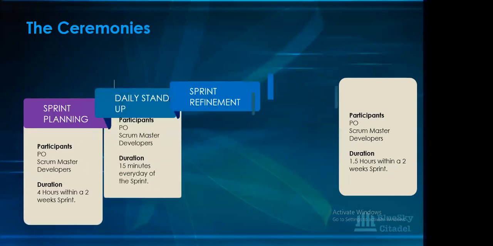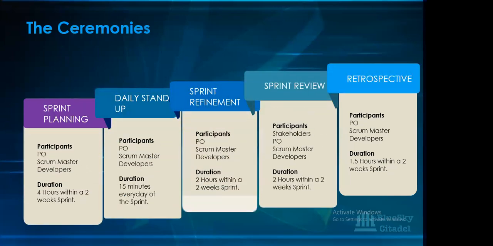We're now going into what the ceremonies are. In Scrum, we have 4 major ceremonies. Please hear me right. We have 4 major ceremonies plus 1 to make it 5 that we have to do to have a successful sprint. The 4 major ones are sprint planning, the daily stand-up, sprint refinement, and sprint review, and the retrospective is the plus that we have to add to make all this work out.